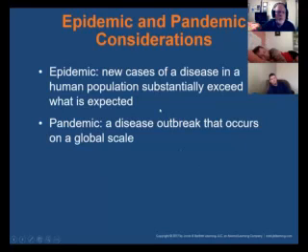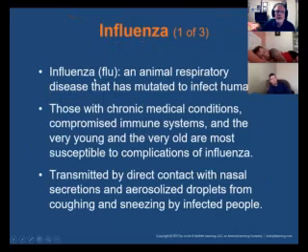Or if it's October and the seasonal flu cases are off the chart, we may have an epidemic. But if it is on a global scale, it's a pandemic. So when they talk about the pandemic all the time, when they're talking about COVID-19, it is a pandemic because of the global spread of it.